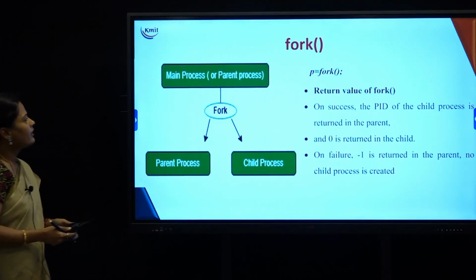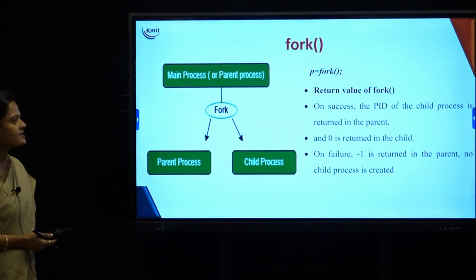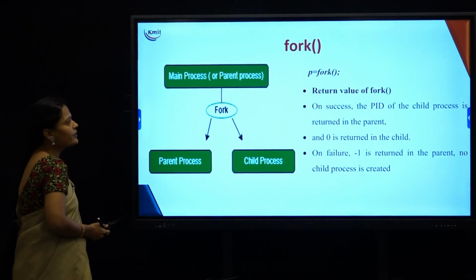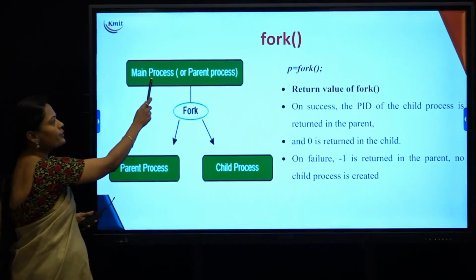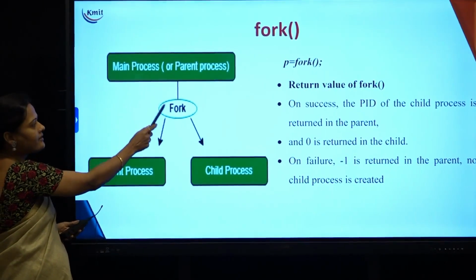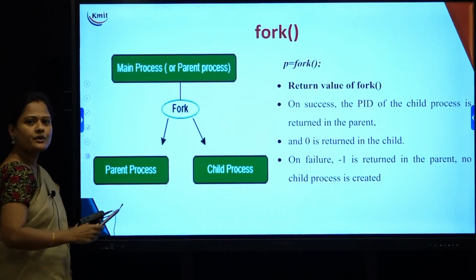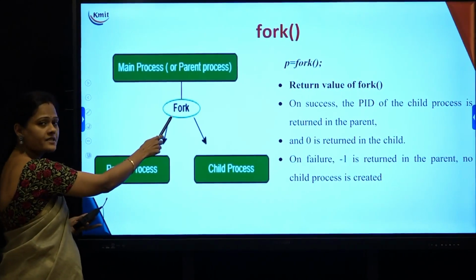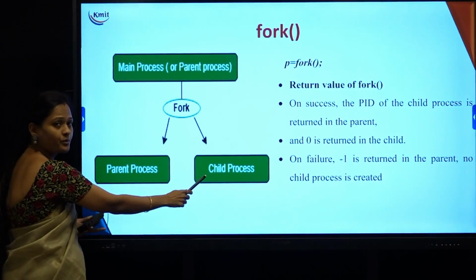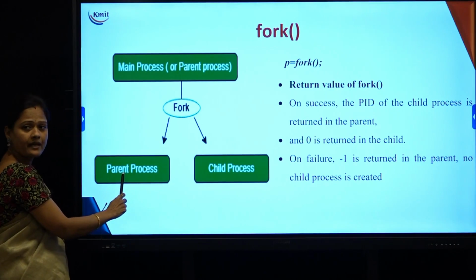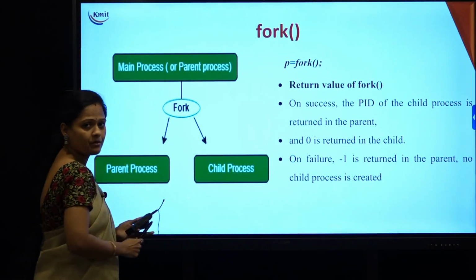Now, first we will go to the first system call, which we call fork. When you go for fork here, you first start a process and this particular process will go for executing the fork. When you execute this particular fork, this in turn creates two processes. One you call a parent process, the other you call a child process.